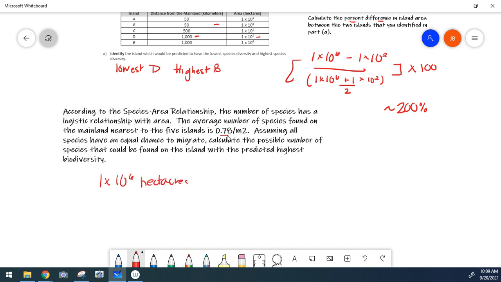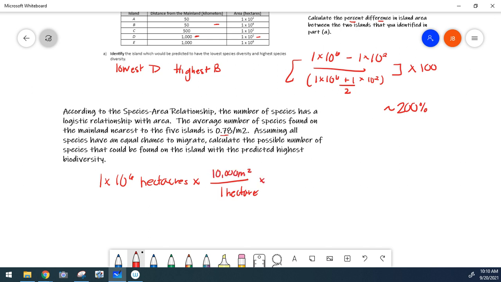Now it says we've got to get it to meters squared, so you have to look up what that is. 1 hectare equals, I think, yeah, 10,000 square meters. That's 10,000 meters squared.